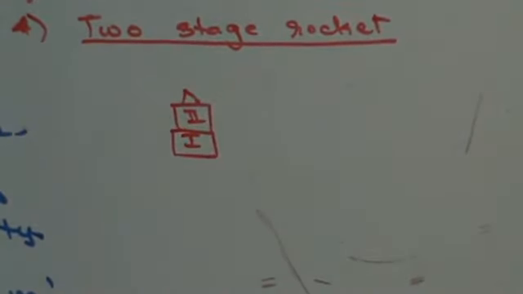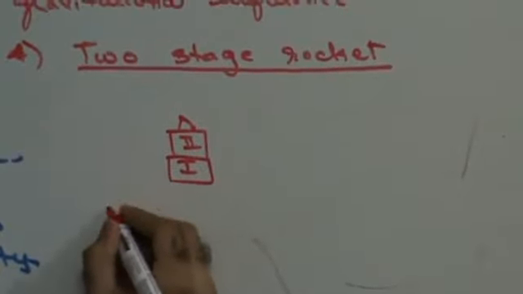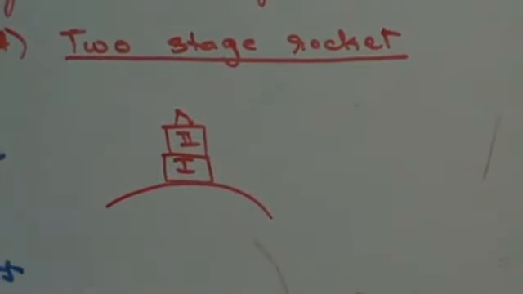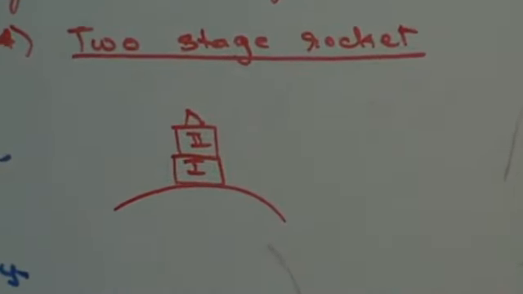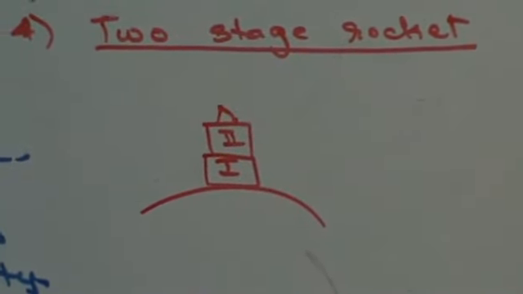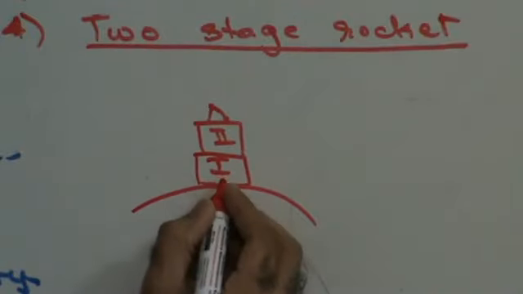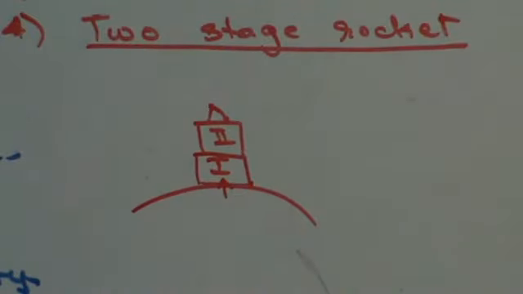If this is the satellite situated on the surface of the earth, there are two things that have to happen to the satellite. One, necessary force has to be provided so that the satellite escapes the gravitational field of the earth.